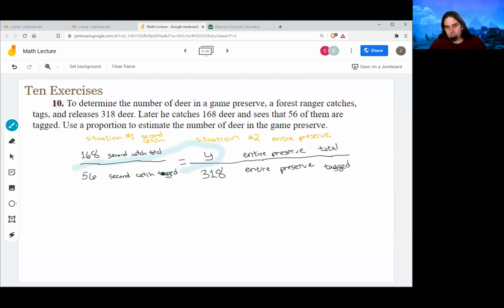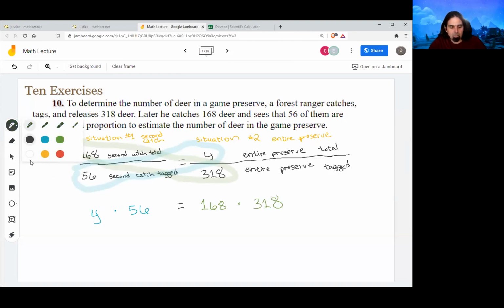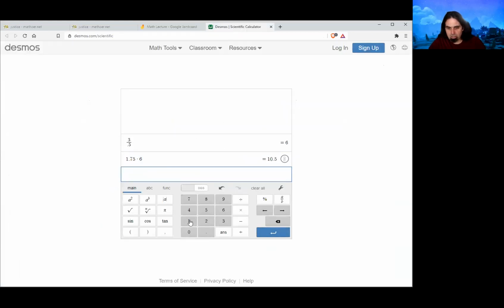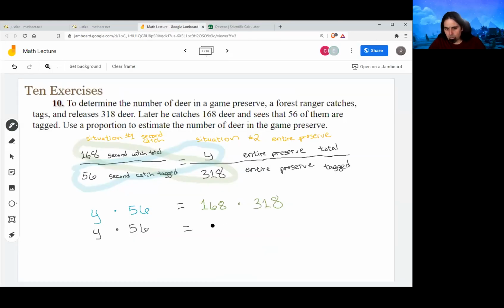Okay, now we know how to do these. We're going to multiply the diagonal that has the y, because that always looks nicest on the left-hand side. And we'll multiply the diagonal that doesn't have the letter. If you weren't here last time, let me know if I'm going too fast. So what is 168 times 318? 35,424.